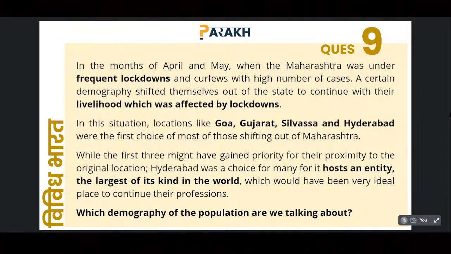So here we are talking about a certain group or a certain demography of population. So you have to tell about whom we are talking. If you look closely at the question, you could have guessed it.